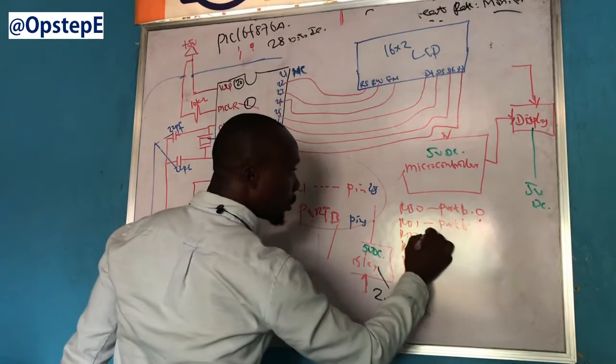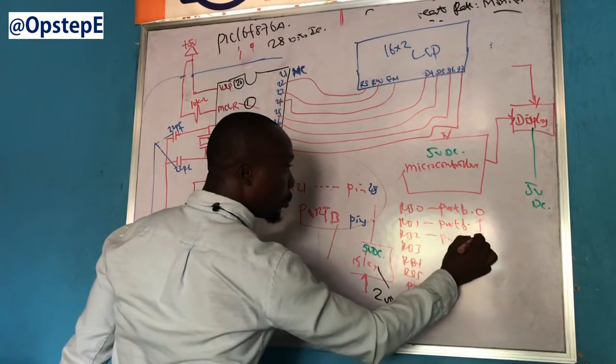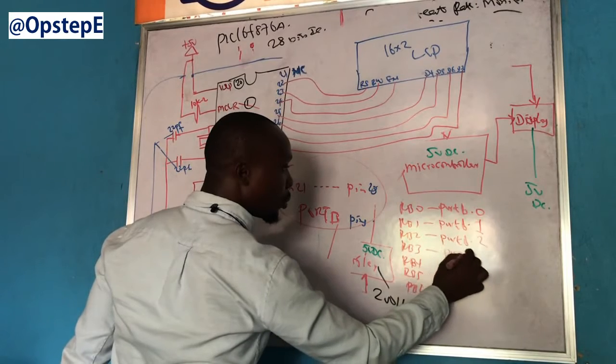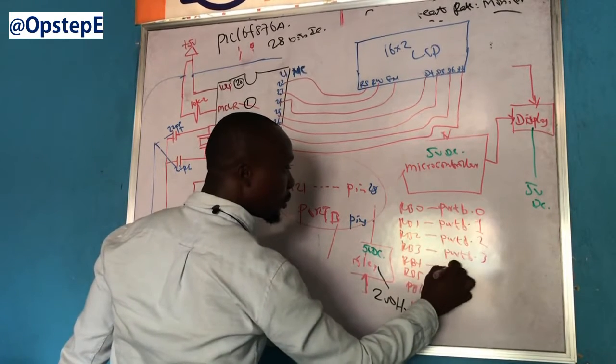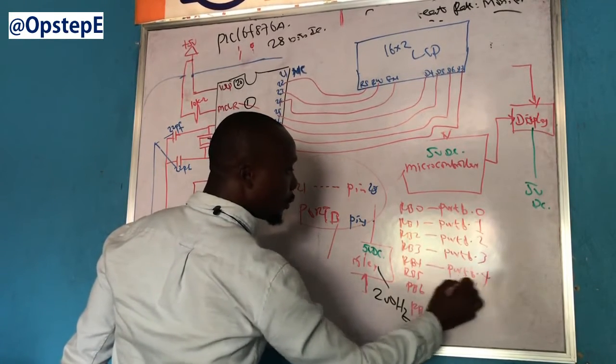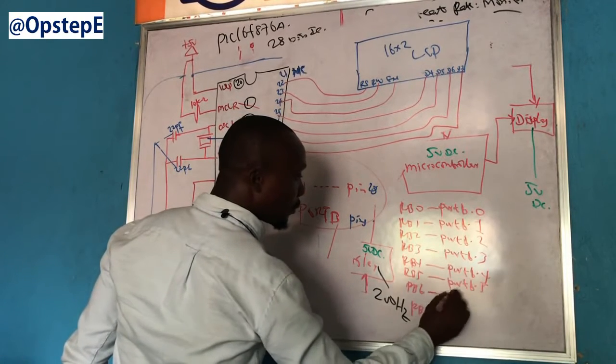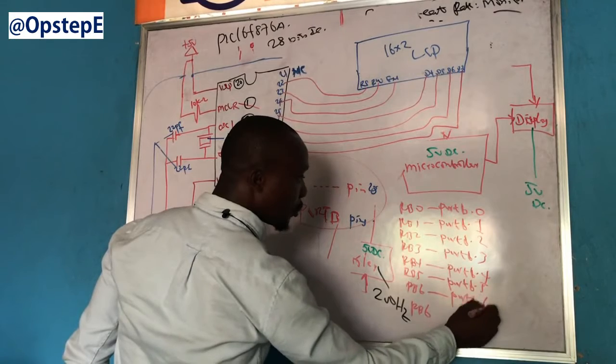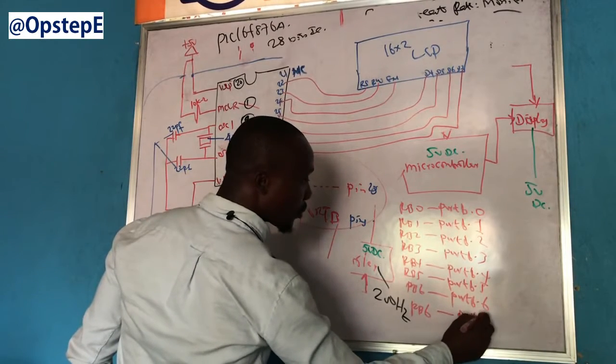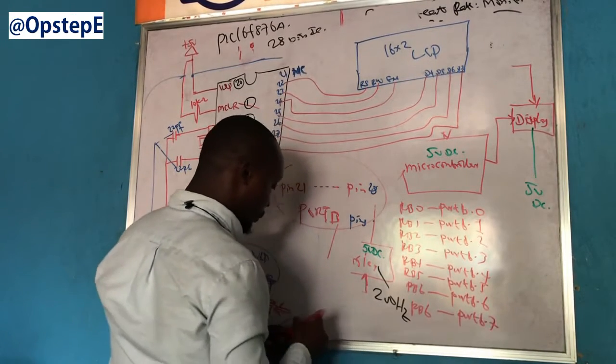port B bit 1, port B bit 2, port B bit 3, port B bit 4, port B bit 5, port B bit 6, port B bit 7.